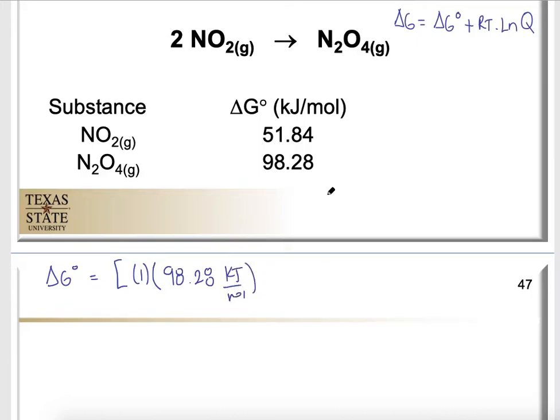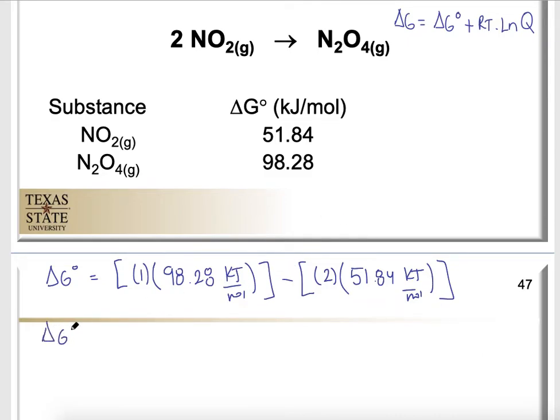Since I don't have any other product, I'm going to close my bracket, and to that I'm going to subtract my reactants. I only have one reactant and it has a coefficient of 2, and then its Gibbs free energy change is equal to 51.84 kilojoules per mole.